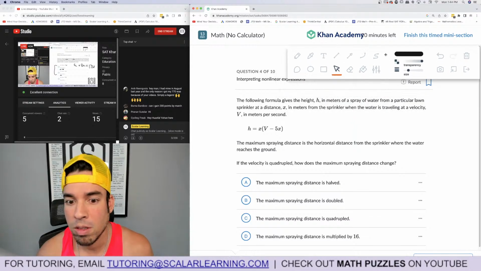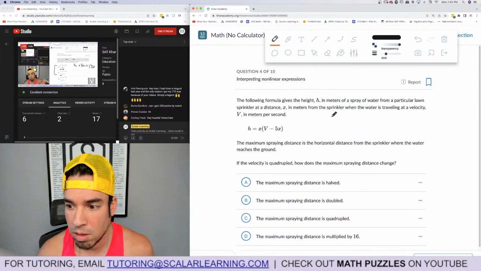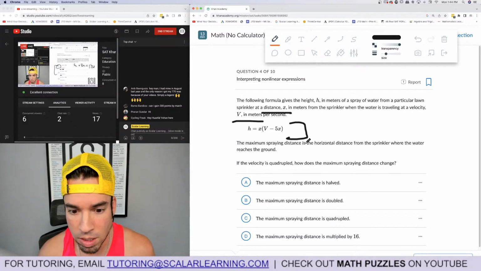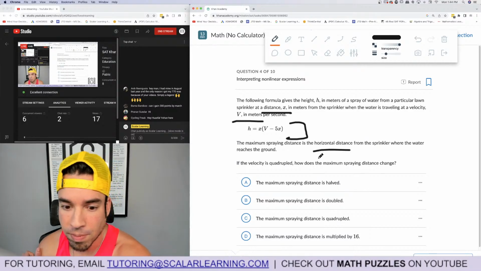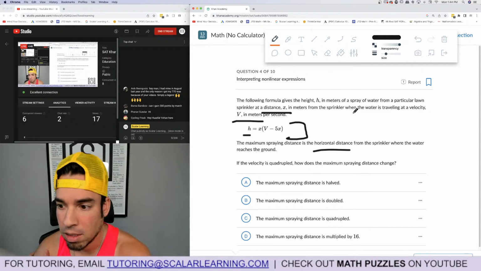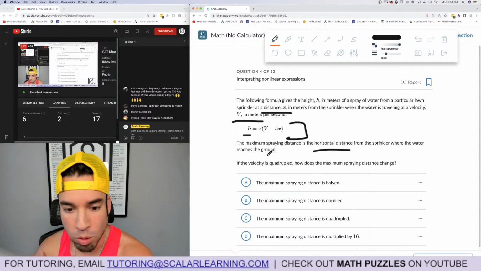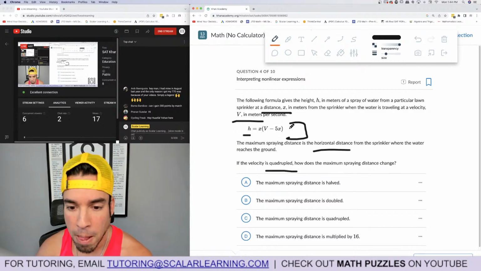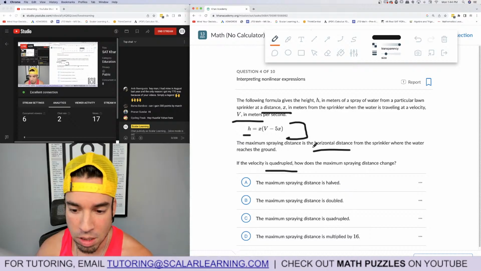Okay, 11 minutes. The following formula gives the height of spray from a sprinkler at a distance x in meters from the sprinkler, traveling at velocity v. The maximum spraying distance is the horizontal distance from the sprinkler where the water reaches the ground. If the velocity is quadrupled, interesting question, how does the max spraying distance change?